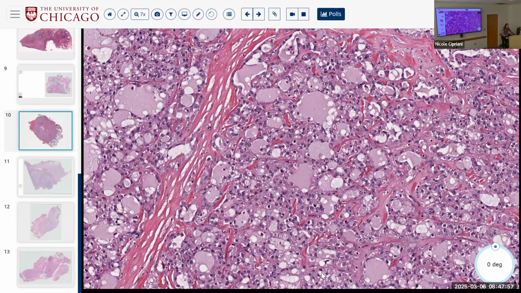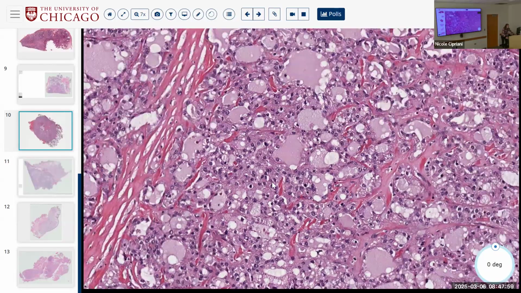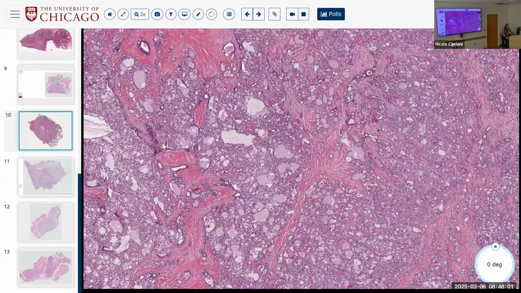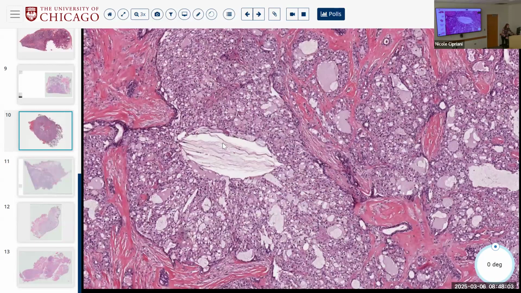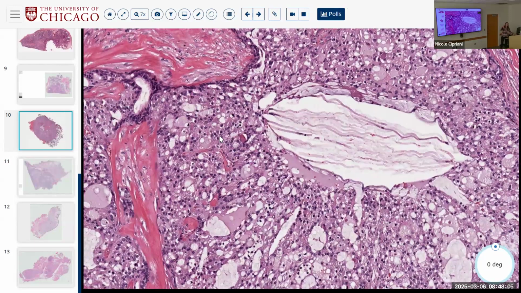If you wanted to prove this, and you did your 3 stains, which we normally do for salivary, P40, C-KIT, and S100, what pattern would you expect? P40 negative or positive? Negative.